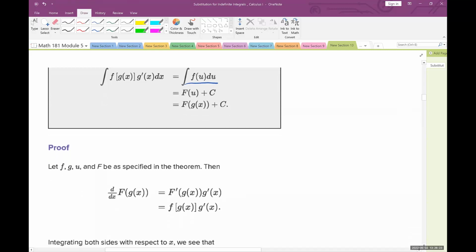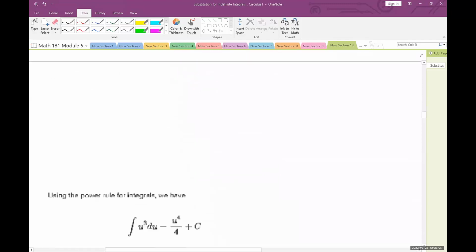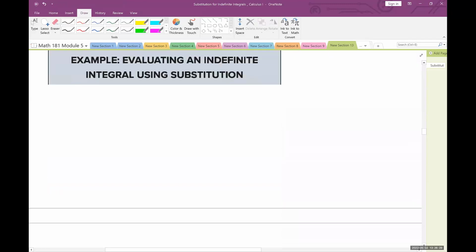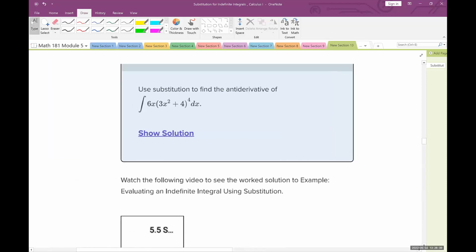So let's do one. Here we have this integral, 6x times the quantity 3x squared plus 4 to the 4th power. It's always a pretty sure bet that this stuff inside, that's your g of x, that's our u. We're going to say u equals 3x squared plus 4.